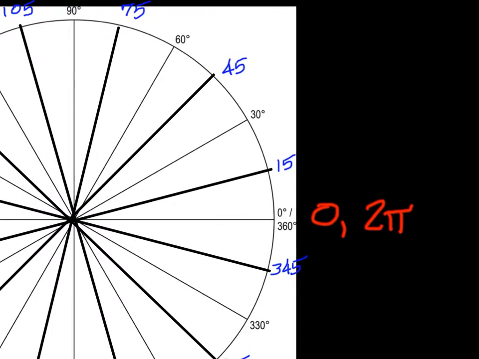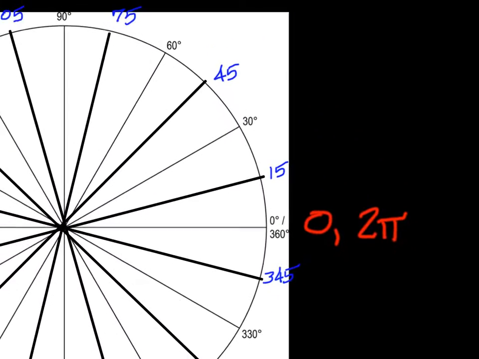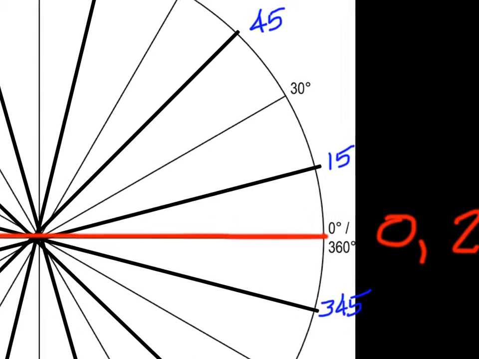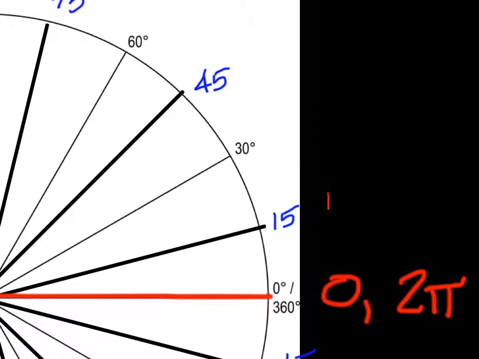If we do this in terms of 12 for the top half of the circle, because you're going to pi, you have 12 pieces on the top half to get to pi. So if we start at 15 degrees, that's just pi over 12. 30 is 2 pi over 12, which is pi over 6.